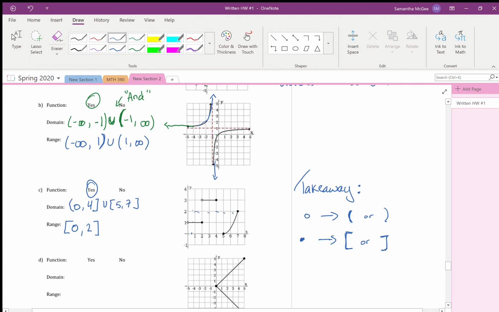And we have a gap between 2 and 3. But we do output the number 3. So we're going to make a union, fancy talk for and. And since it's one distinct value, I'm going to use set notation. So this says that we output all numbers, any real number between 0 and 2, and the number 3.